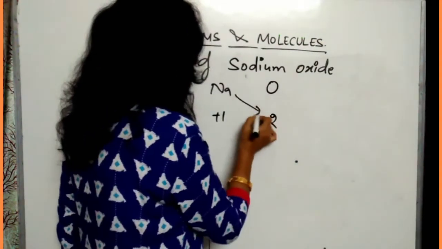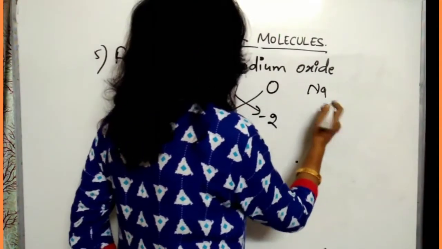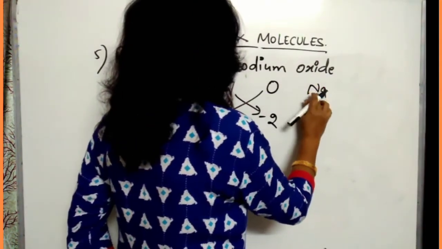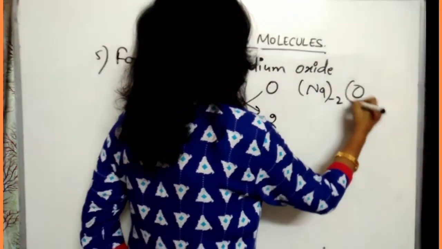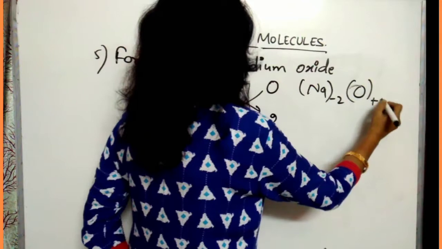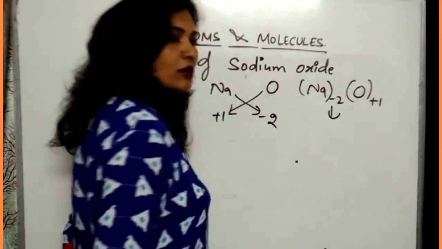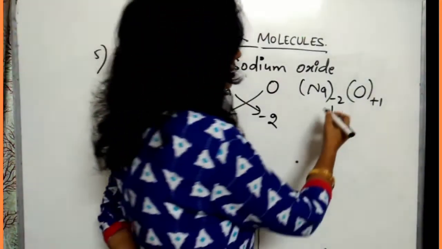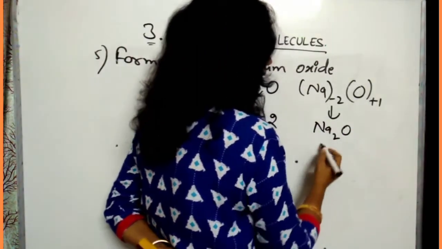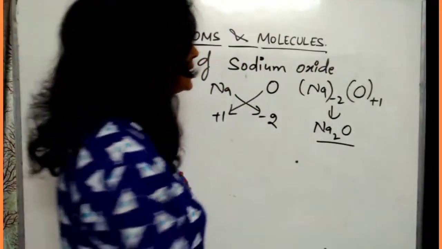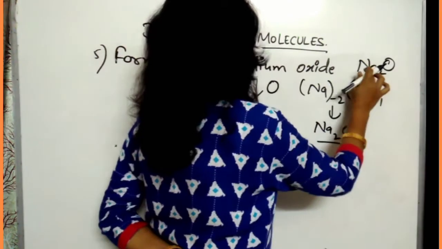You will cross over the valency. What will you write? Na with -2, and O with +1. Now just take off the brackets and write Na2O, ignoring the 1. So our formula is Na2O.